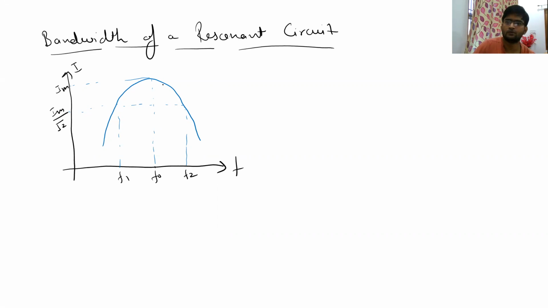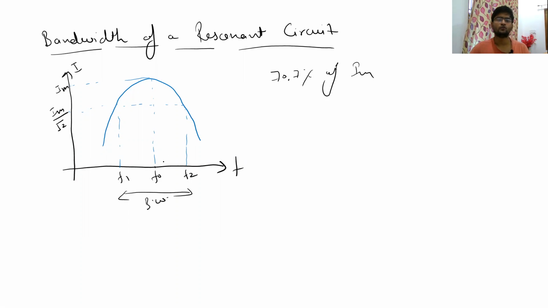By the definition of bandwidth, the range of frequencies over which the current value decreases to 70.7% of the maximum value is called the bandwidth of that particular circuit. So 70.7%, what does it mean?